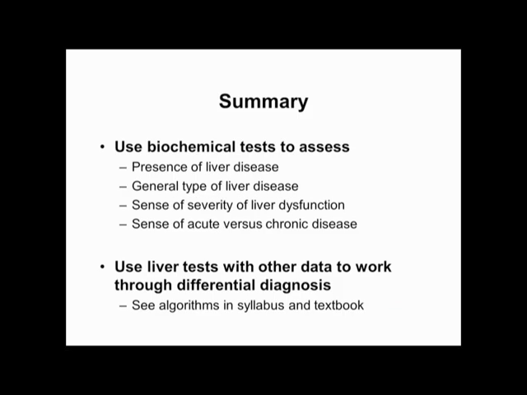So in summary, you use biochemical tests to detect presence of liver disease, try to categorize it into cholestasis or hepatocellular, see if you can get a sense of whether function has been impaired, and if so, does this look like it's acute or chronic? And then use them to then tell you clues as to what diseases to look for.